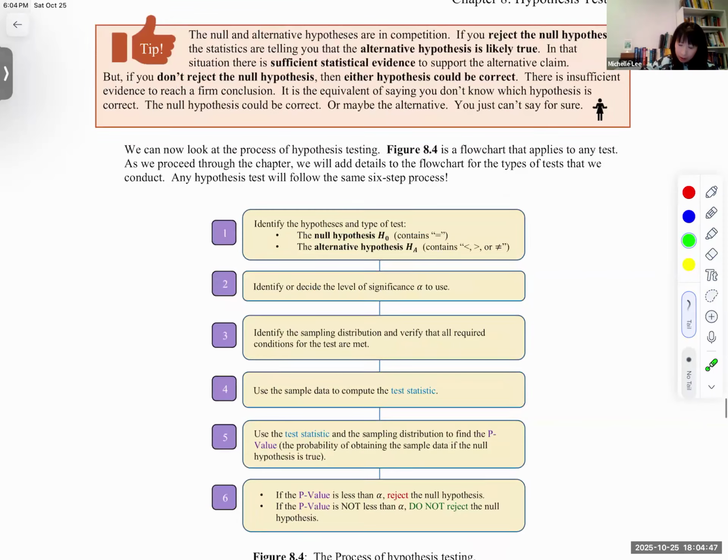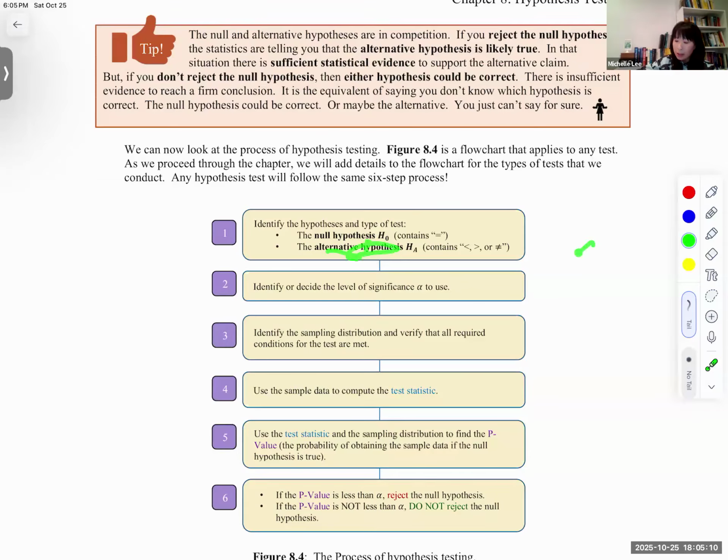So the first step, we need to determine the null hypothesis test and the alternative hypothesis test, right? The null hypothesis test is always parameter equal to the value, right? And the alternative hypothesis is always against the null hypothesis test.